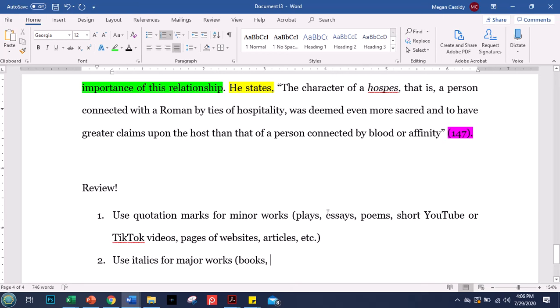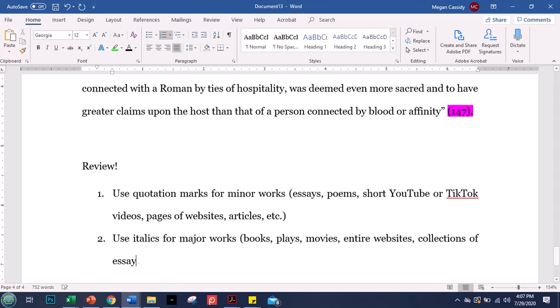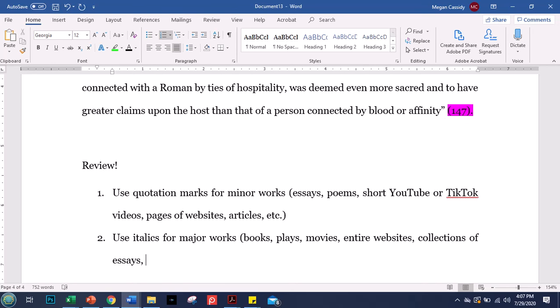Books. Oh, I'm sorry. Plays should be down here. Apologies. Plays, movies, entire websites, collections of essays, which typically isn't a book, etc.